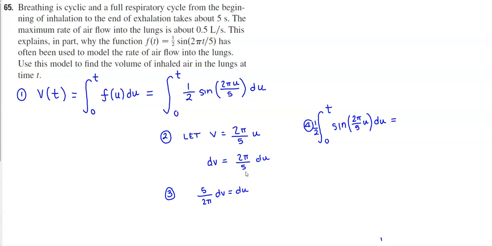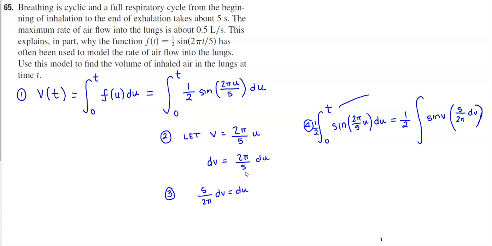Now let's put in our substitution. So we have 1/2, and therefore the sine of v, and du is equal to 5 over 2 pi dv.